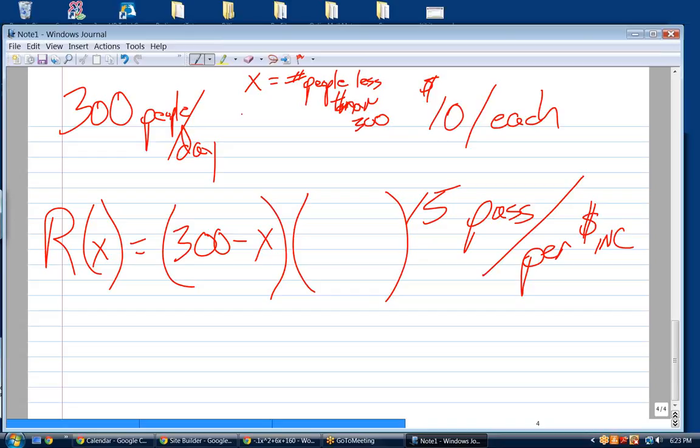Let's let x be the number of groups of 15 less than 300.